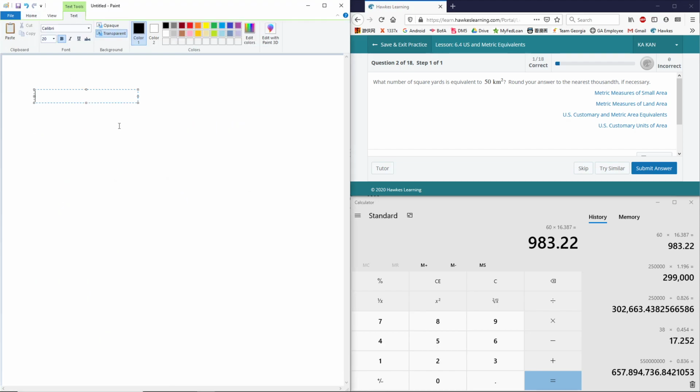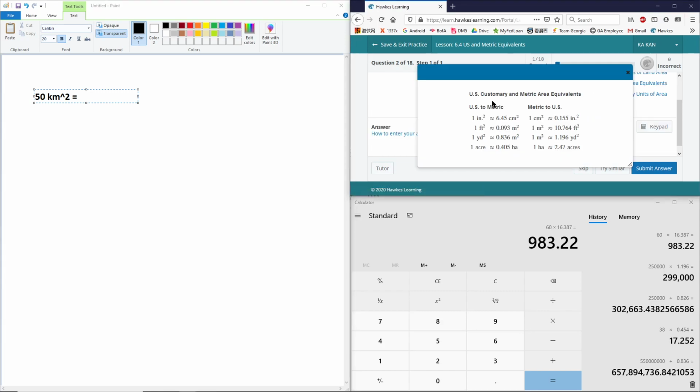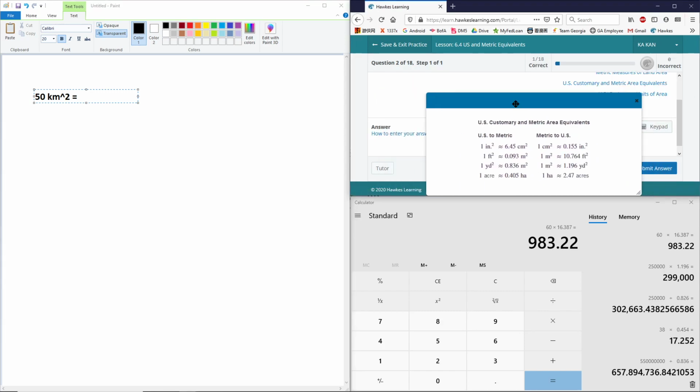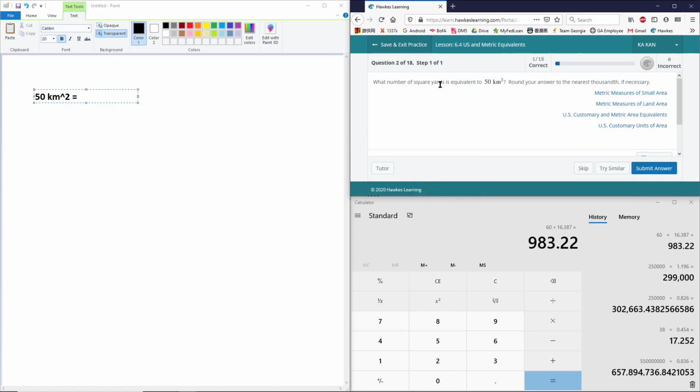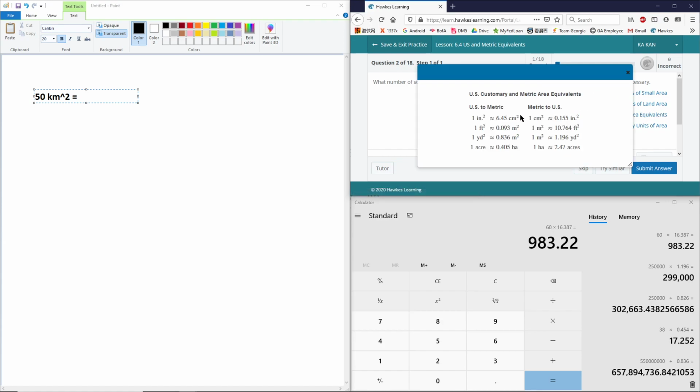First things first, 50 square kilometers. Now, I'm going to look at the measurement over here. Keep in mind we're trying to move it into square yards.